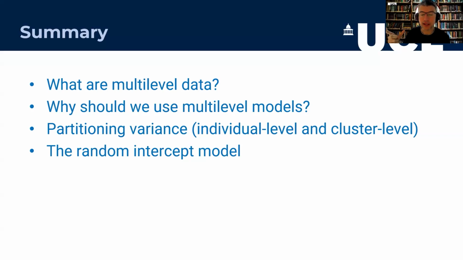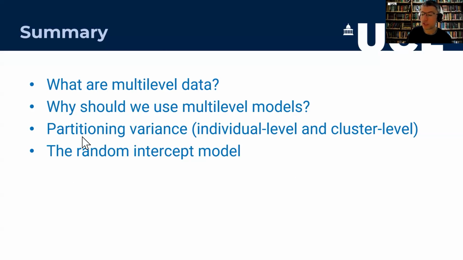When we do not account for this structure of the data, what usually happens is that we would have much smaller standard errors, and therefore the associations and the p-values would look much stronger than they would be when we consider the structure of the data. And also, we've introduced today this concept of partitioning of the variance when we have different structures. This is how we can handle the fact that the data are not independent of each other, but that they only are independent of each other within a certain cluster.